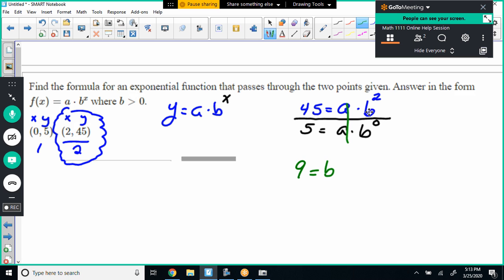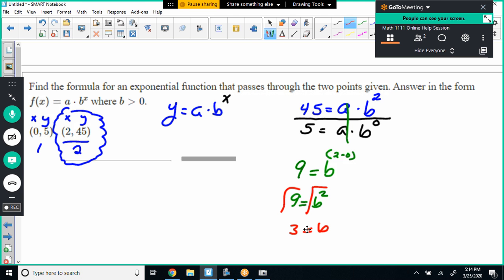And if you remember properties of exponents, when you have like bases being divided, you subtract the exponents. So that becomes 2 minus 0, which gives me 9 equals B squared. So we take the square root of both sides. The base is equal to 3. Okay, so now we have the base.